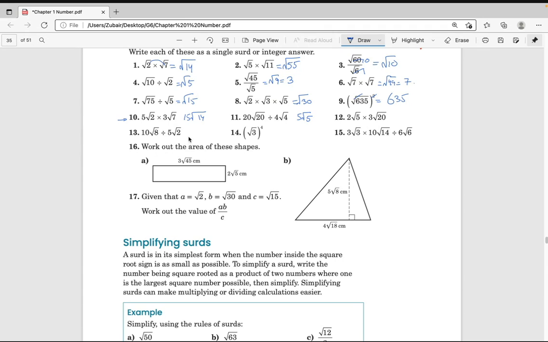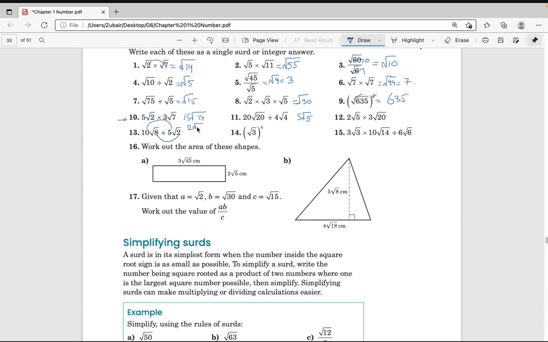13th will be 5 into 8 divided by 4. 5 into 1.6. 5 under root 1.6. Haris, outer number divided by outer number. 10 divided by 5 is 2, and 8 by 2 is 4.